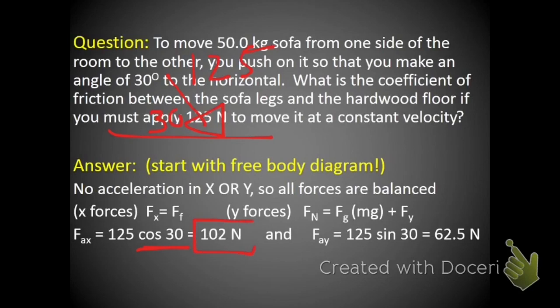And that tells us how much force was applied in the x direction. And the applied force in the y direction uses sine. So now we know how hard that applied force of 125 is in the down and right direction.